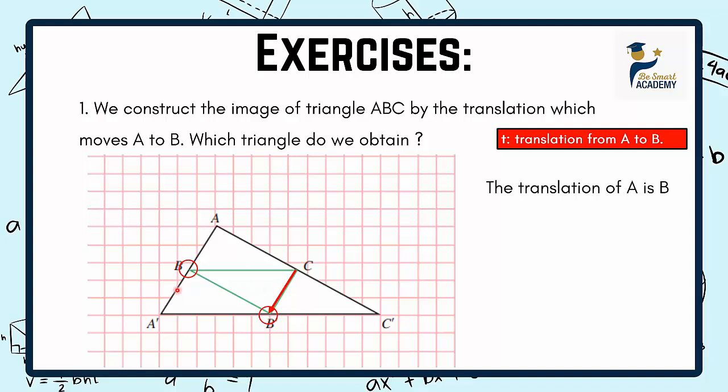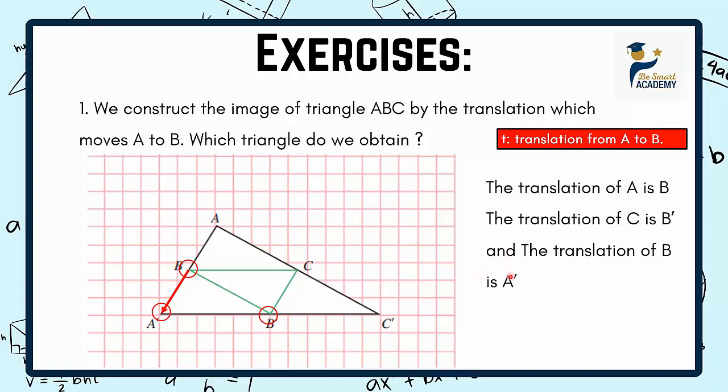Move the same translation to B, which is the final vertex of triangle ABC. We would end up with A prime. So A became B, C became B prime, and B became A prime. Then the translation of the triangle ABC is the triangle B, B prime, A prime. So A, B, C would be translated to B, A prime, B prime.